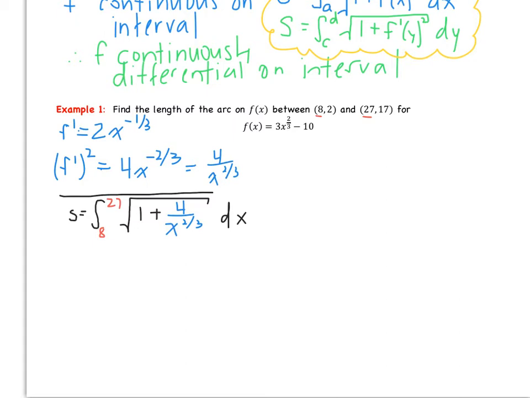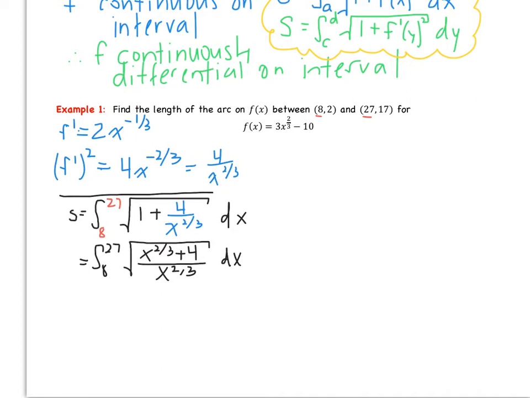When we combine these, this cleans up to the integral from 8 to 27 of the square root of x to the 2/3 plus 4, all over x to the 2/3, dx.